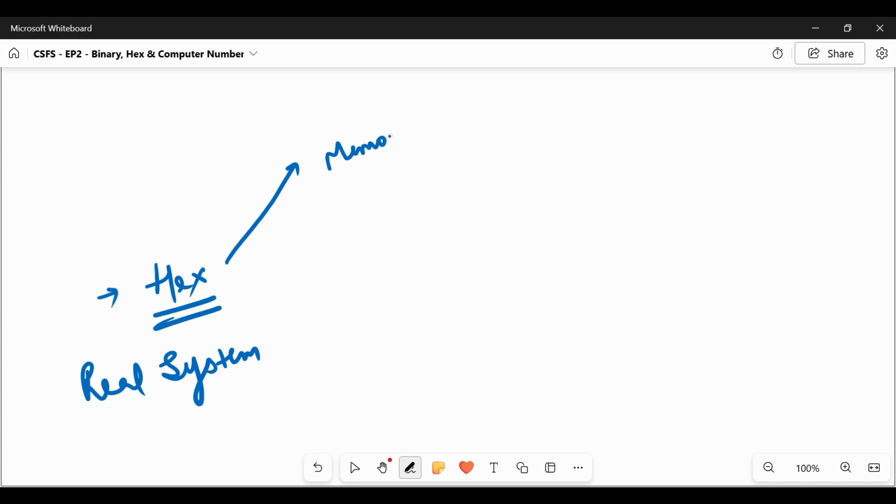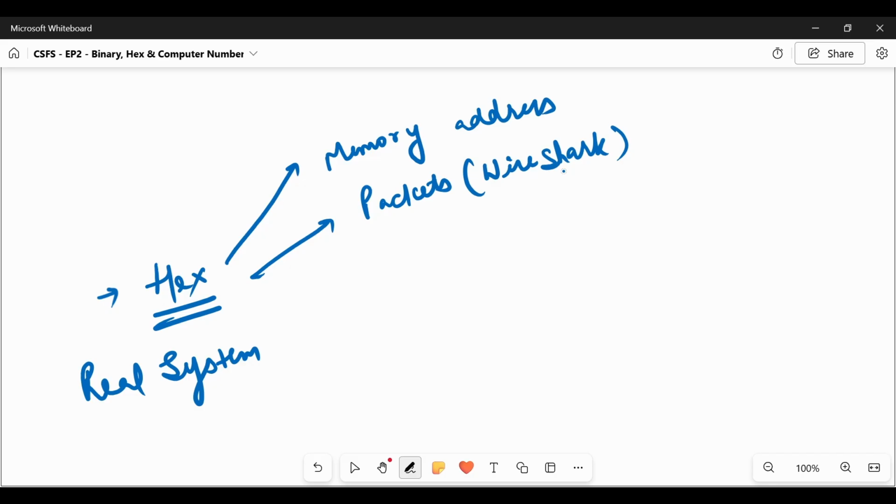So in the real system, all the memory addresses and packets can be tracked that way. Machine codes are represented in hexadecimal format. Hexadecimal is base 16, 0 to F. 1 hex digit, 1 value, 4 bits only.